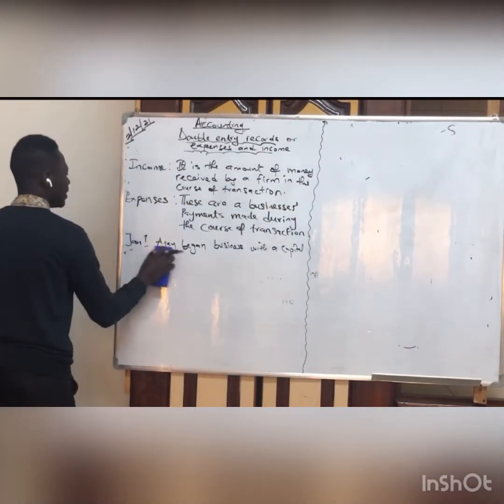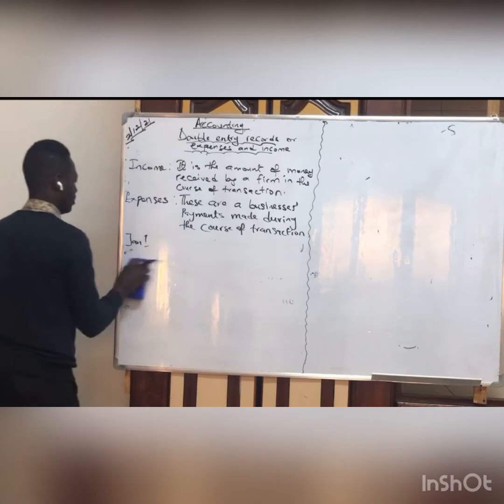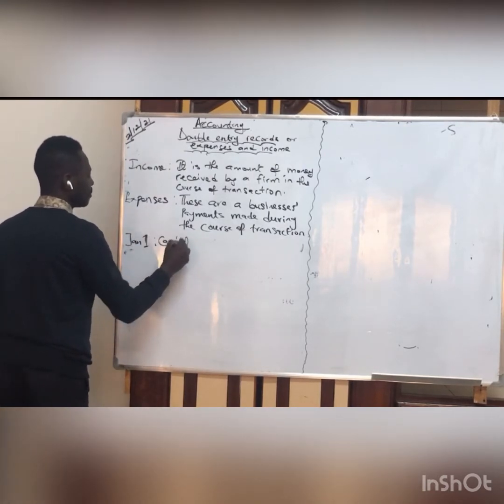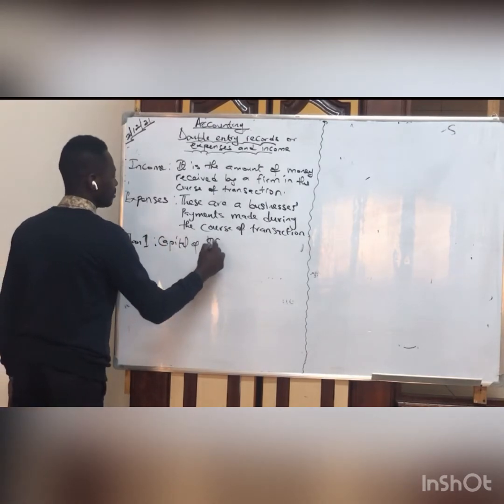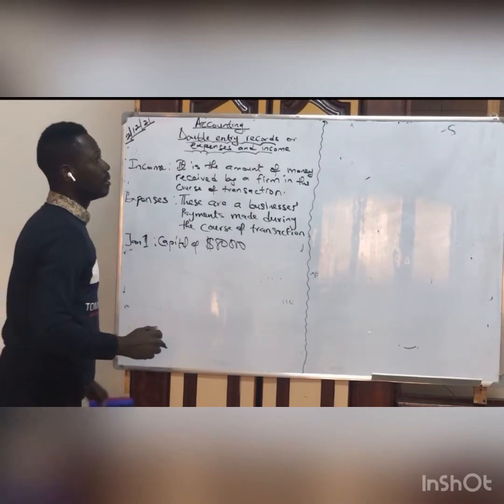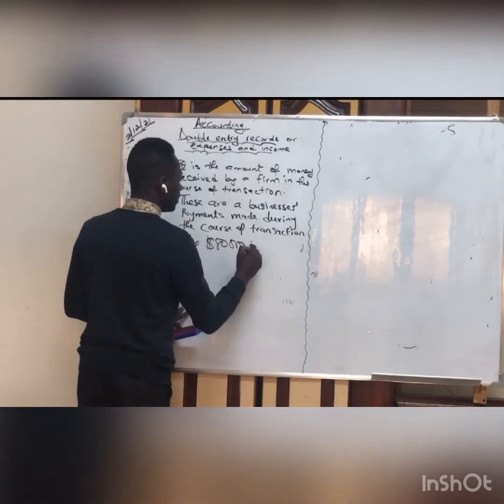So I'm just going to write the information: January 1, capital of $80,000, in the business account, in the bank.